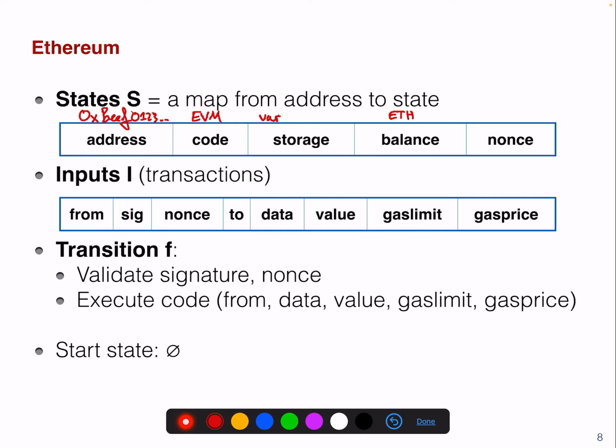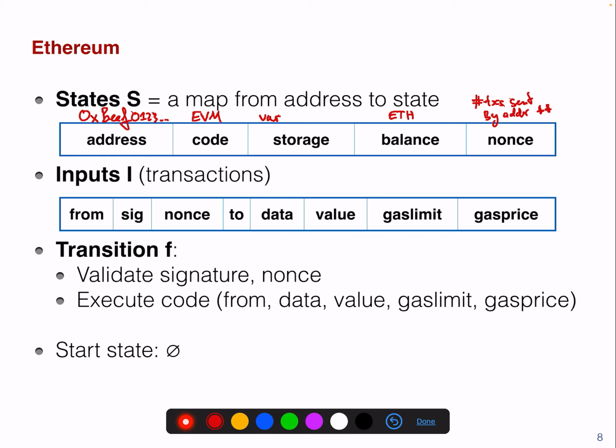And nonce is the number of transactions that were sent by this address, right? And this has to be strictly increasing. So every time you issue a new transaction from this particular address, this nonce is increased by 1.